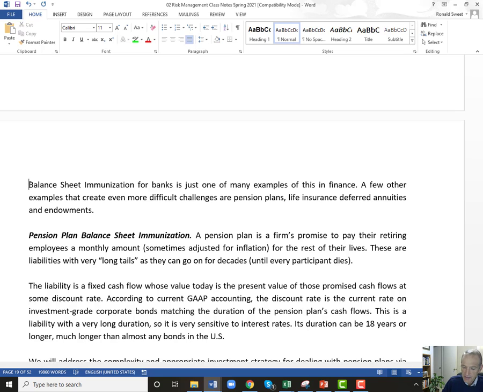But banks are very straightforward, mainly because both their assets and their liabilities are fairly short term. There's not a lot of prepayment risk. Banks do have mortgages, and people do prepay their mortgages early, but banks tend to securitize those and get them off their books.